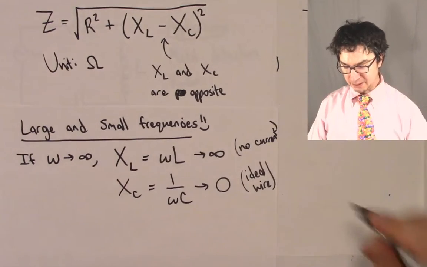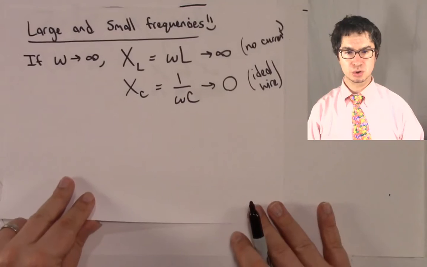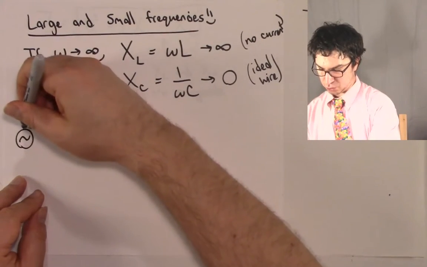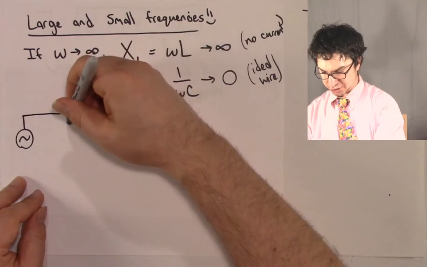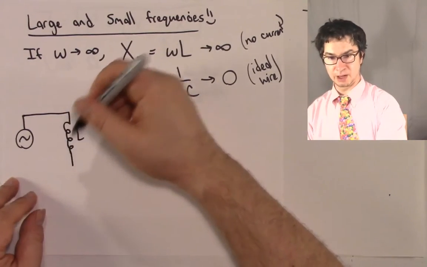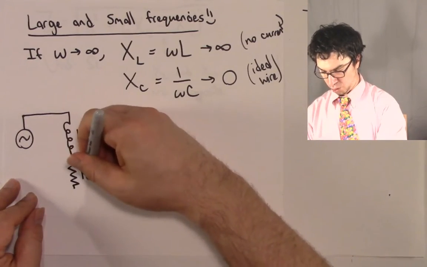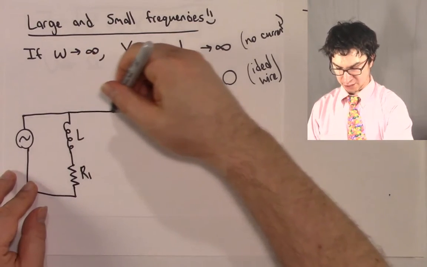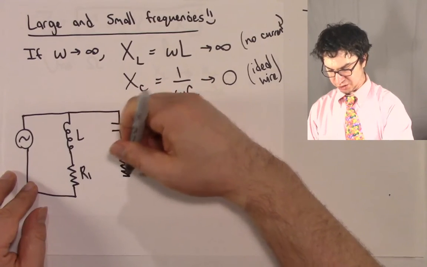So what are the applications of this? Imagine that we had a circuit that looked like this. We've got our AC source, and we're going to have in this circuit an inductor, L, followed by a resistor, we'll call this R1, going back to the AC source, and then through a different branch, let's have a capacitor, C, and a resistor, R2.